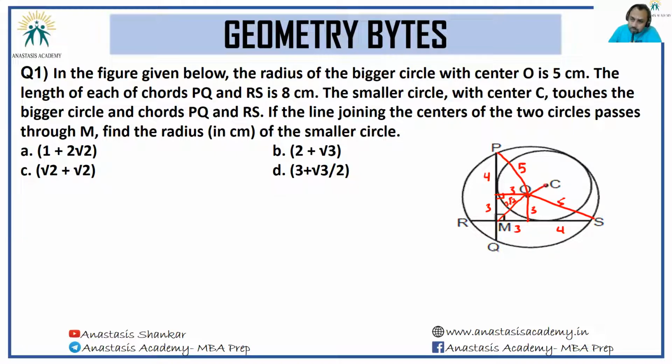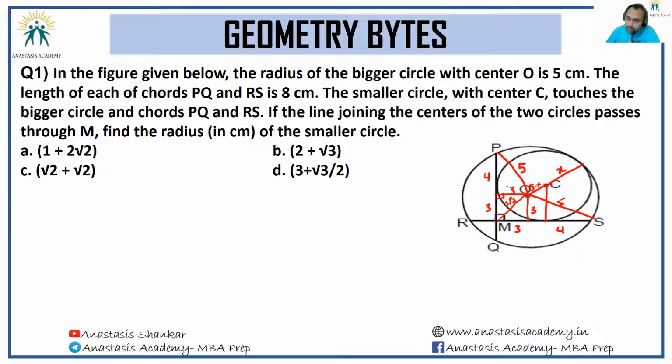We were also told that this keeps on going. Let's say the radius of the smaller circle was x, so length of OC should be equal to 5 minus x.